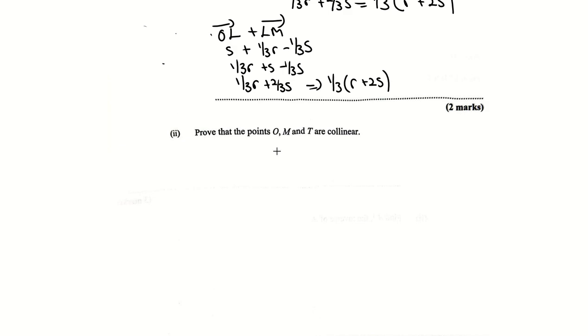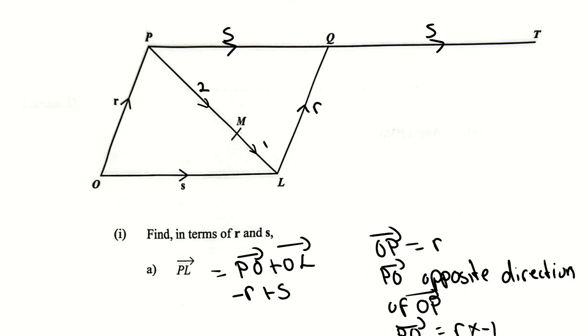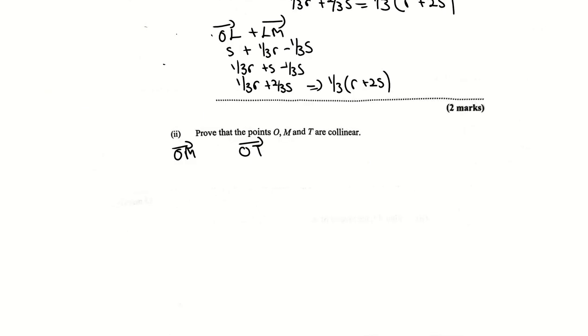So we already have OM, so I'll use OM, right, and I can use OT, or I could use MT, up to whatever you want to do, right? So OT would be OP plus PT, which we know is 2S, right?